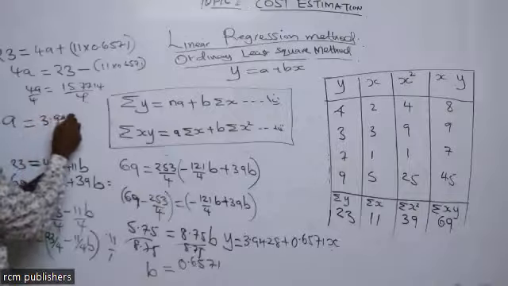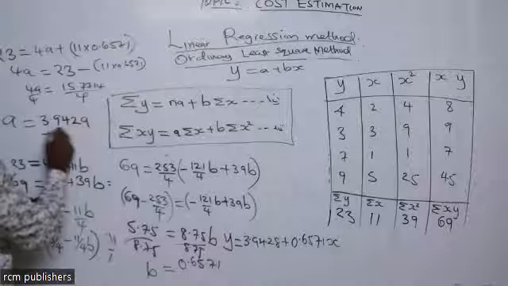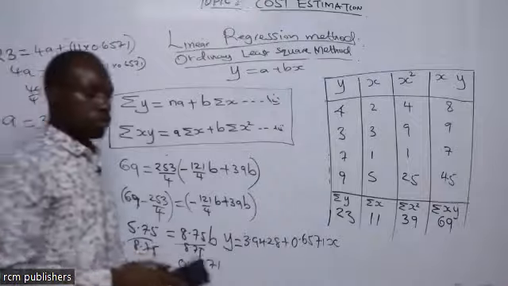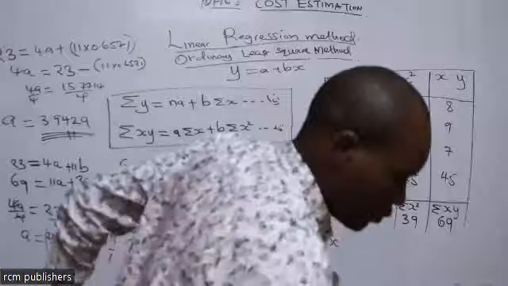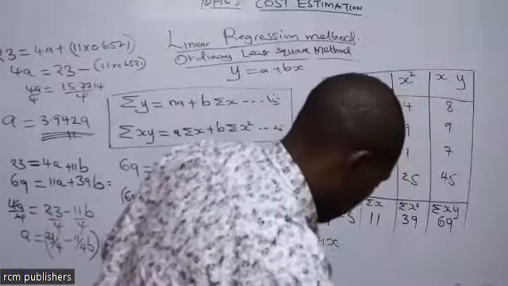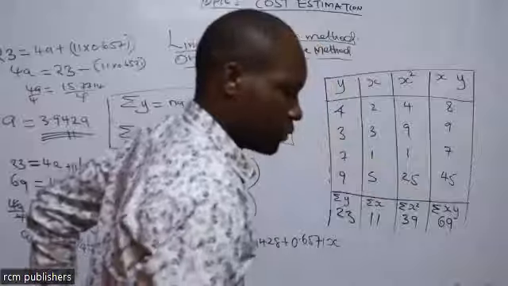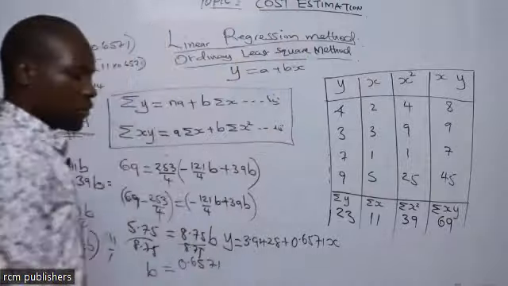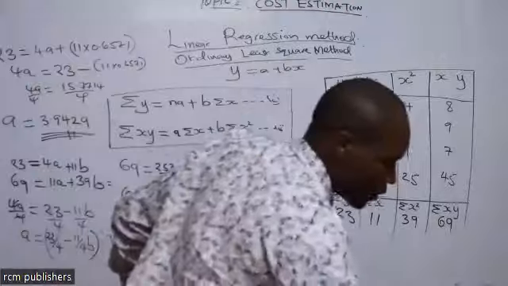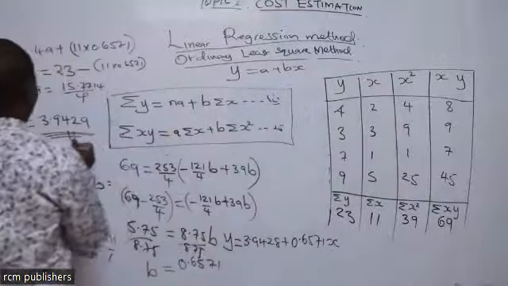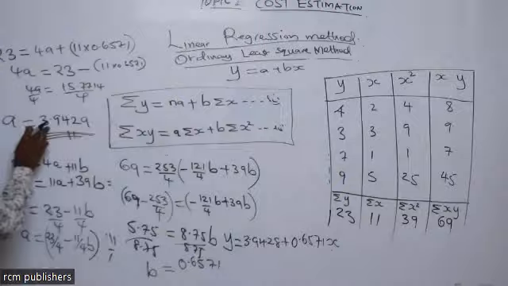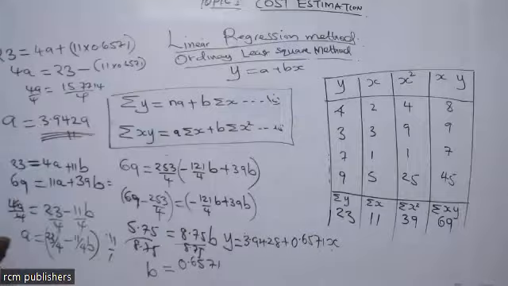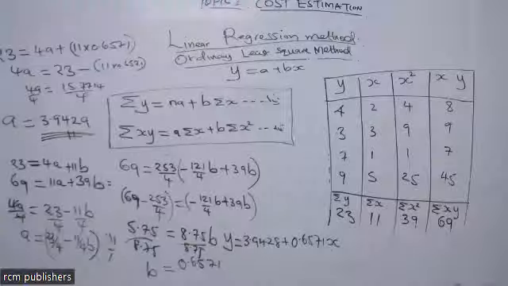Hiyo kitu iko sawa? Confirm that. So you are able to see that this one here is just as a result of rounding off, but we are arriving at the same answer.